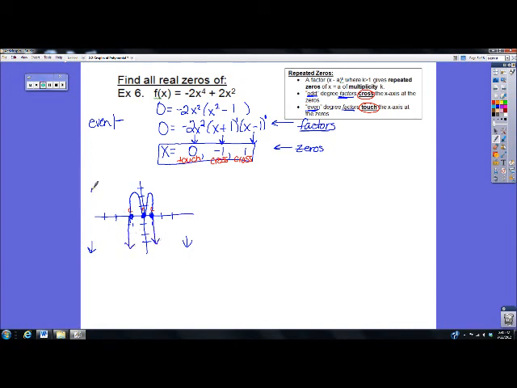Alright, I'm going to draw it a little bit better. Your graph should look like one of these, where you cross at -1, you touch at 0, and you cross at +1. We know it's even and negative. We know both ends are pointing down. We know it's going to cross at these two numbers, and we're going to touch at 0 based on the degrees of our factors.